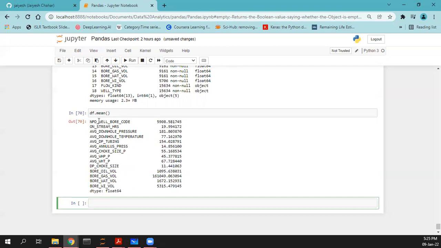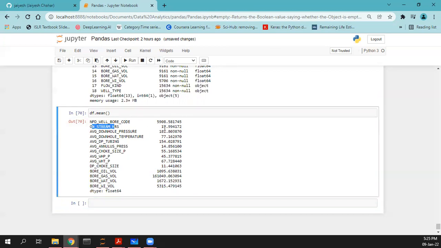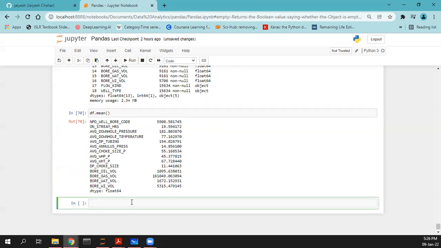So from this we can know about the central tendency of each column. On stream hours, basically our well is running for about 20 hours in the Volve field on average. Average downhole pressure was 181 for all the wells present there, for all the production data points. So mean will give us a rough idea about the central tendency of the whole data.